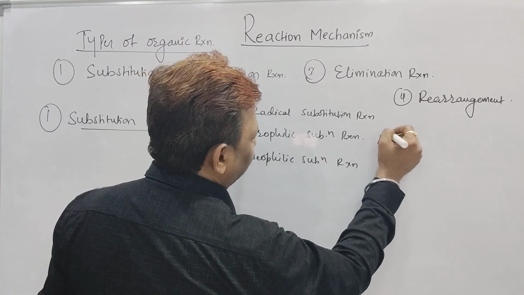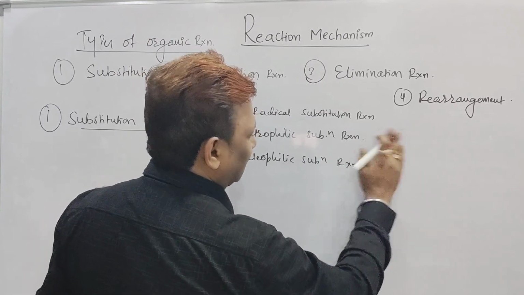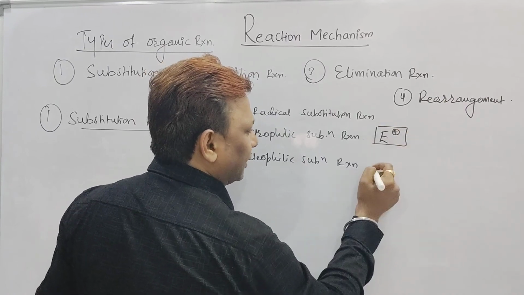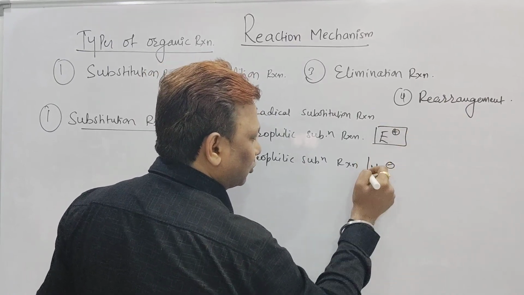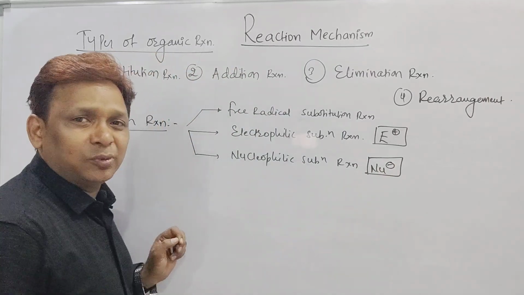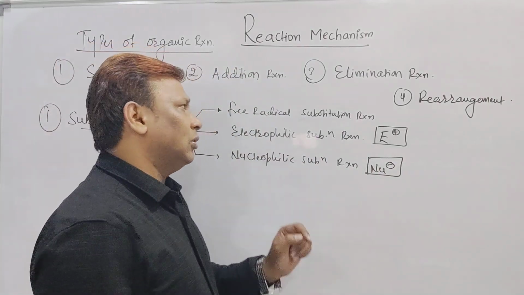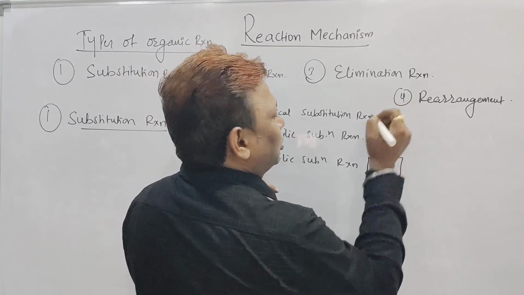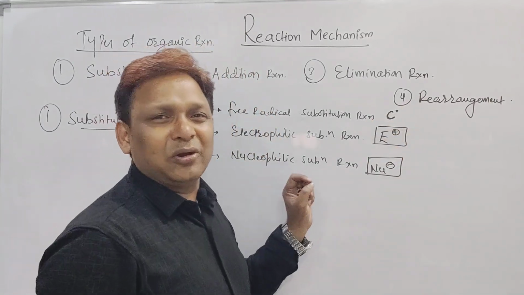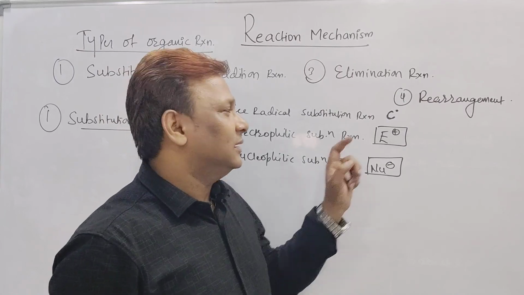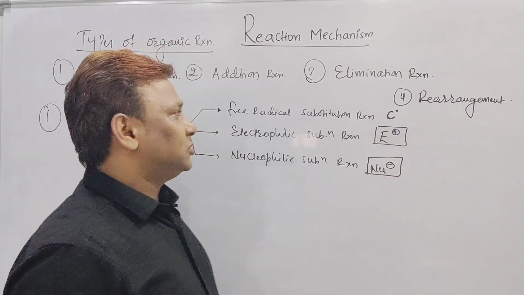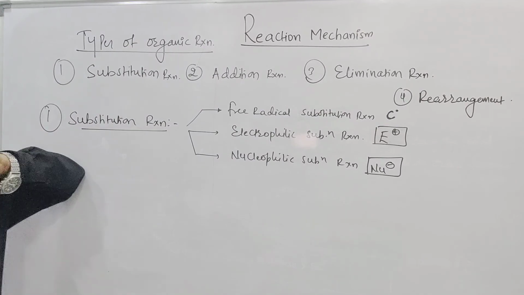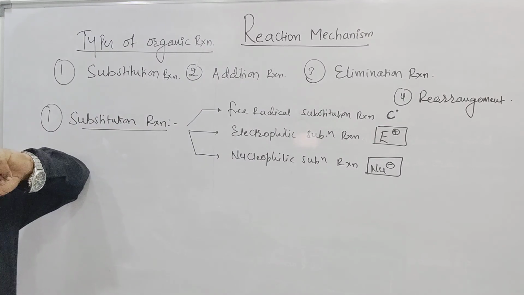I hope electrophile means E plus must be there, and nucleophile means Nu negative must be there, because I told you species having negative charge have more tendency to donate a lone pair. And free radical means, let us say, one of the carbon atoms has a dot over it. Dot means an unpaired electron of the carbon. That will be called the radical. So there are three types of substitution reaction, beta: free radical, electrophilic, or nucleophilic.